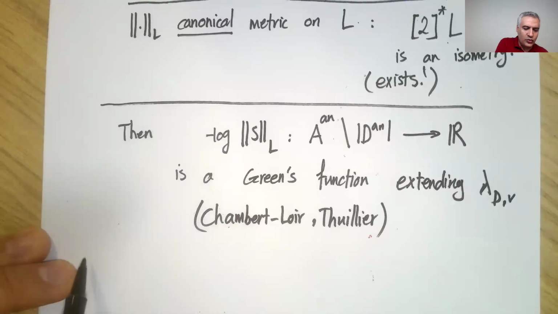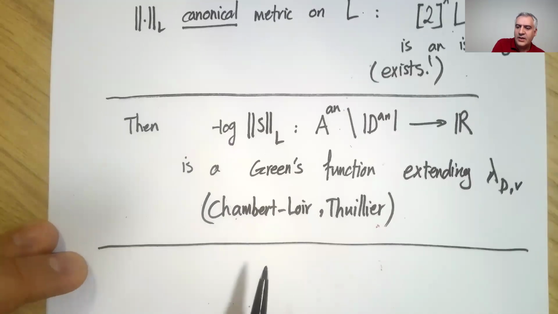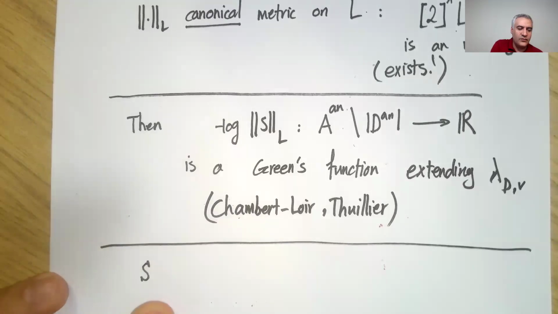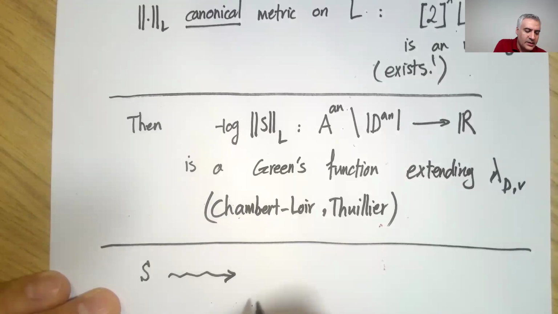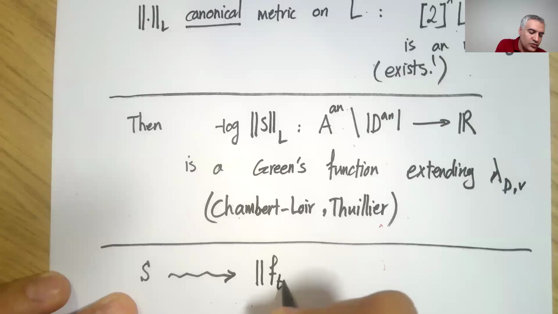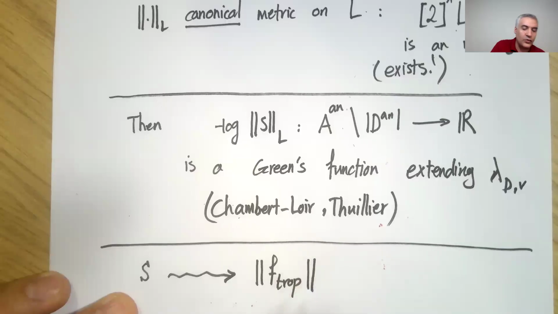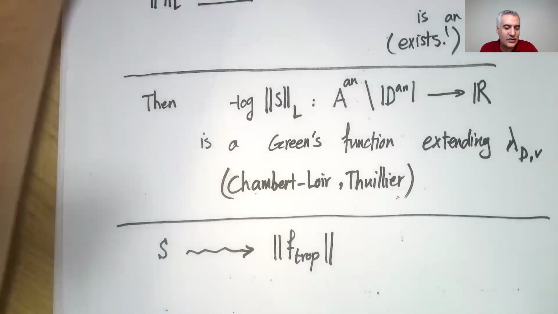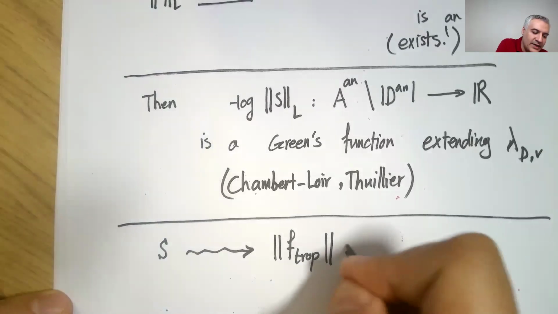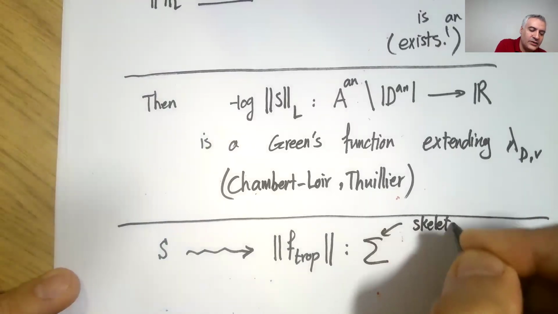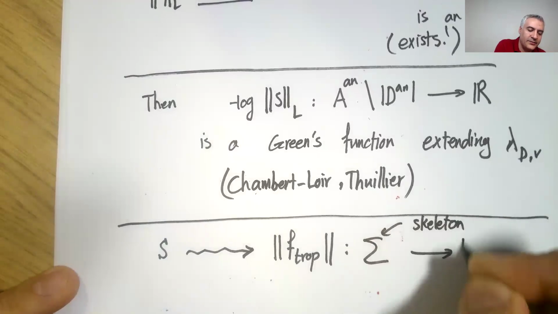What we prove is the following. You have this global section that you fix for the line bundle. I'm going to give a definition, but it gives you a function f_trop. Apologies for my notation. It looks involved, but there's a reason we call it that. This is a function f_trop from the skeleton, the real torus, to real numbers.